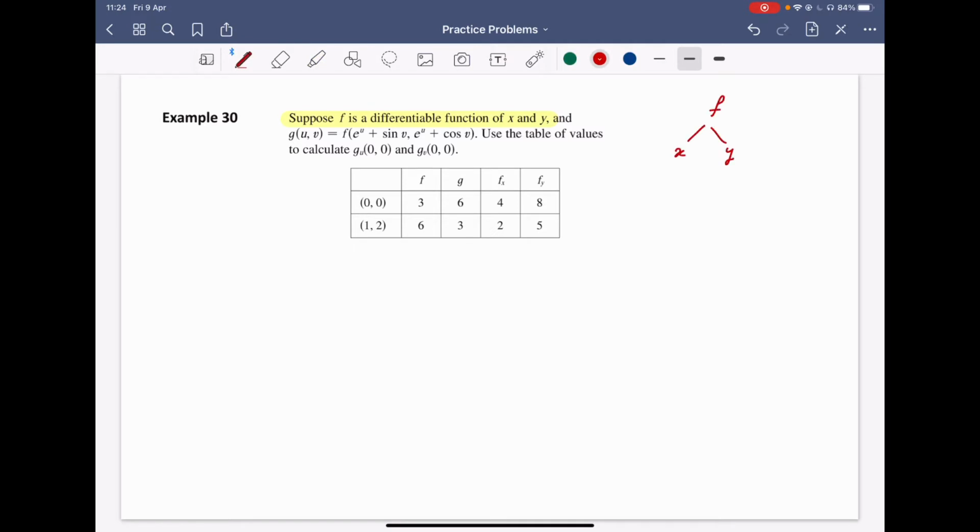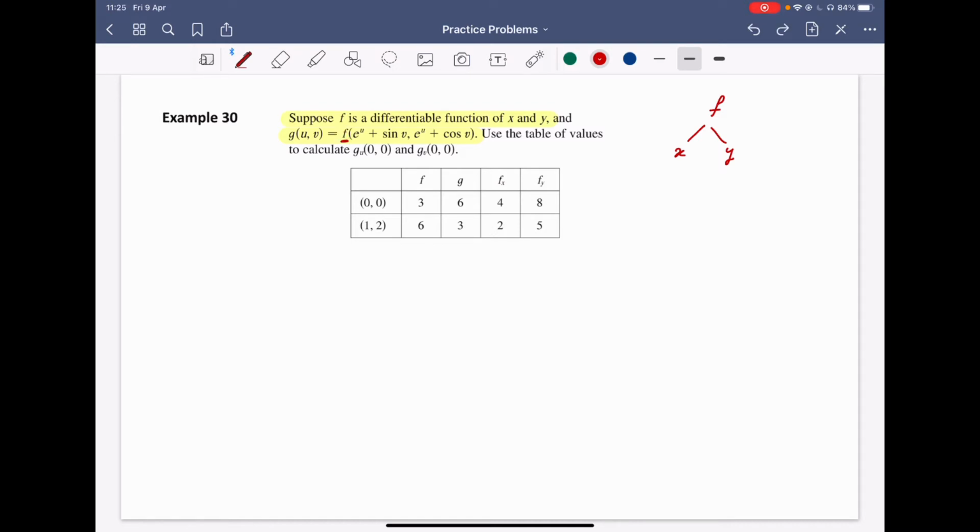They also give you that g(u,v) is equal to f(e^u + sin v, e^u + cos v). This notation may be confusing, but you can look at it and see this is your f, a function of x and y.